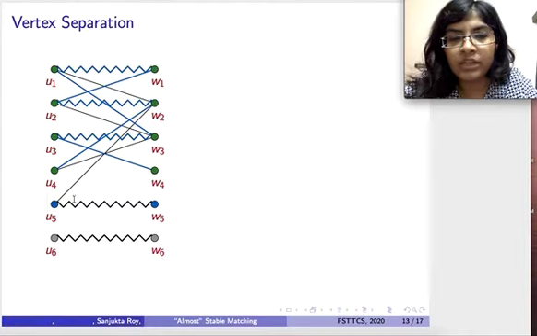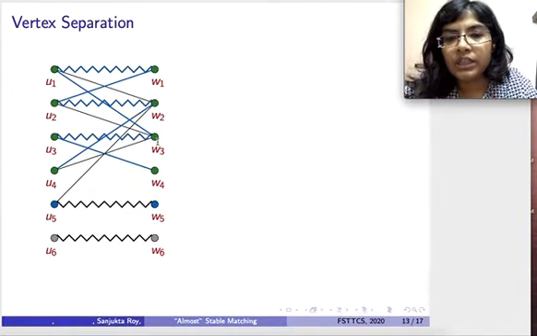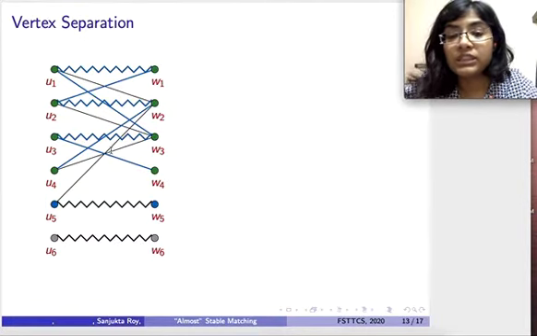So here I get an augmenting path, this blue path. It starts from U4, goes to W2, then U2, then W1, then U1, then W3, U3, and W4. So this is an augmenting path, and if you alternate M along this augmenting path, it does increase the size, but it has more blocking edges.